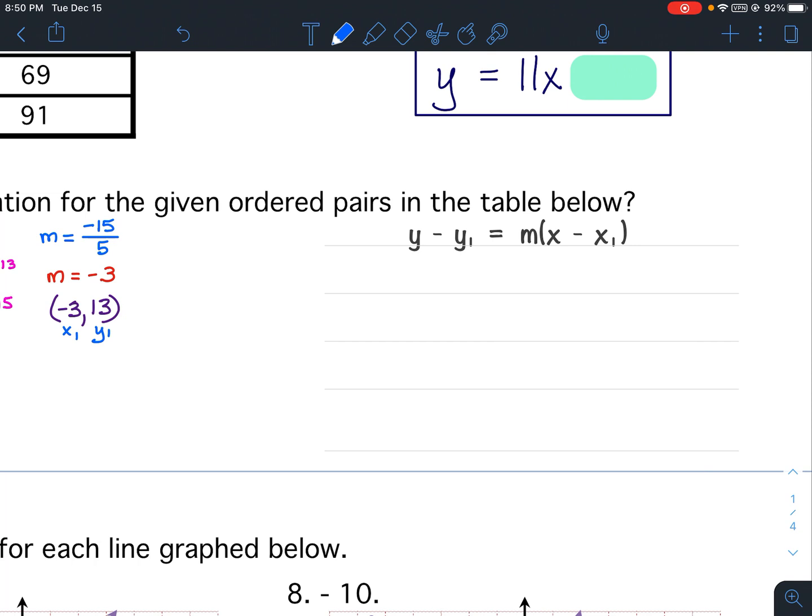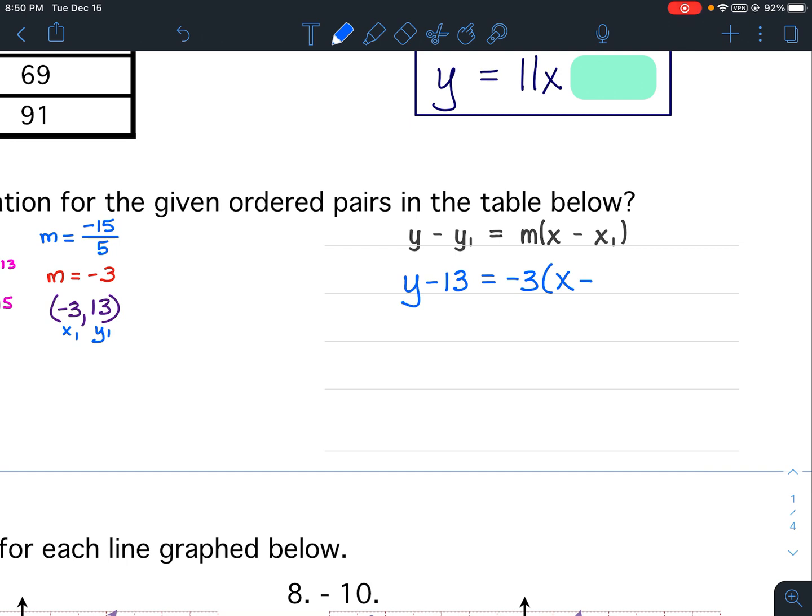Start with y. Minus y1 is 13. Equals, right here's my slope, -3. Then we've got x, and now there's 2 ways you could do this.